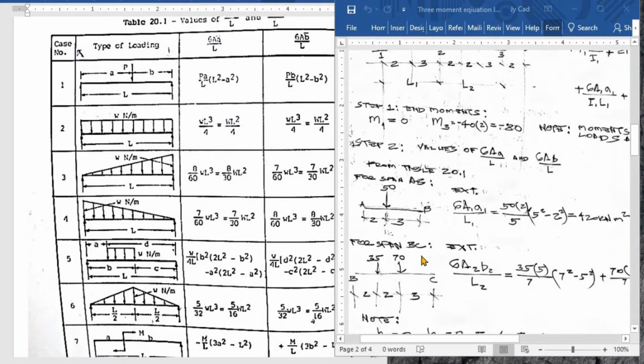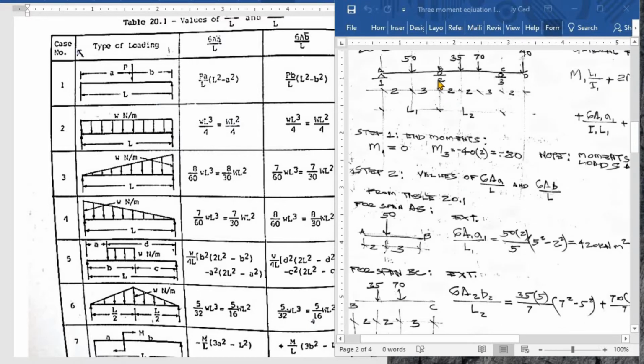Next, let's now go to span BC. Ito naman, mapapansin nyo na dalawang concentrated loads ka. So, dalawang equation ang gagamitin mo. Actually, isa lang pero uulitin mo siya. This time, gagamitin natin is 6AB all over L. Meaning, dito na tayo sa kabilang end.